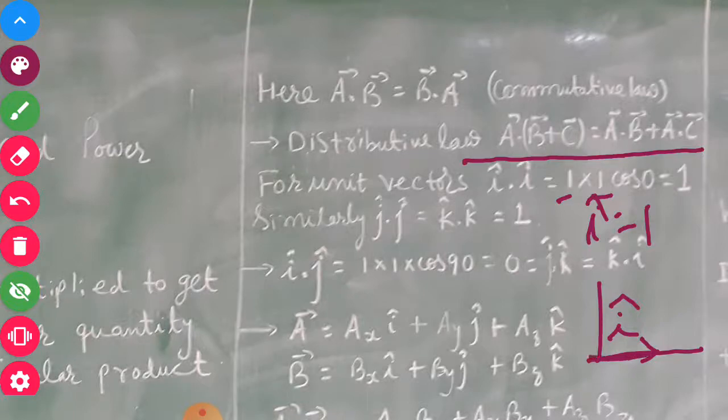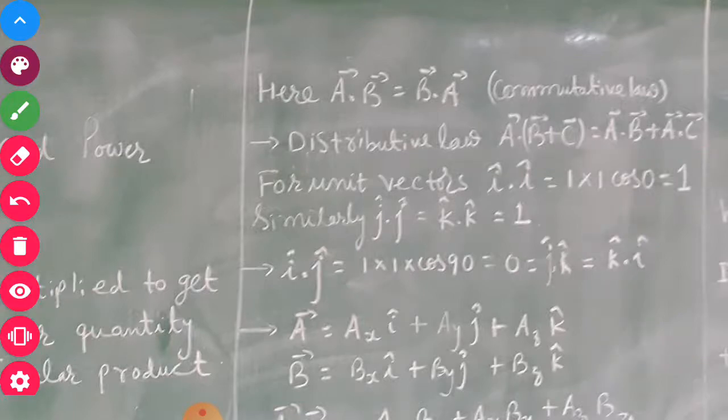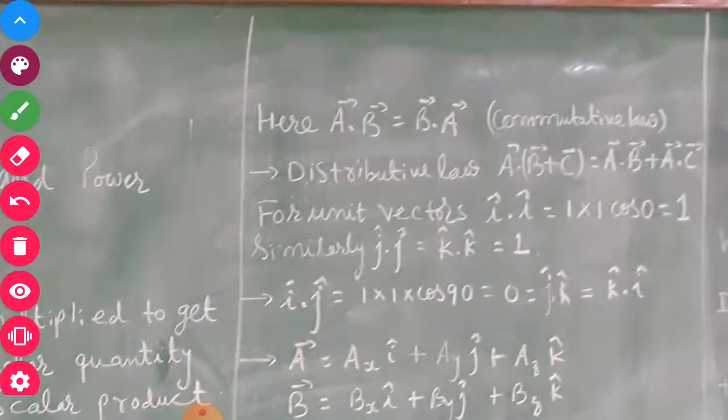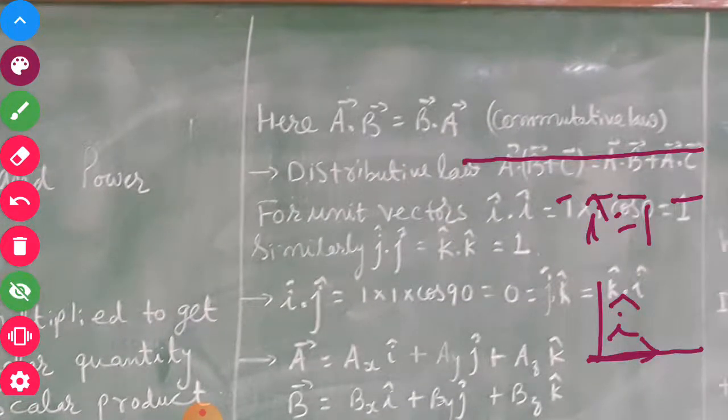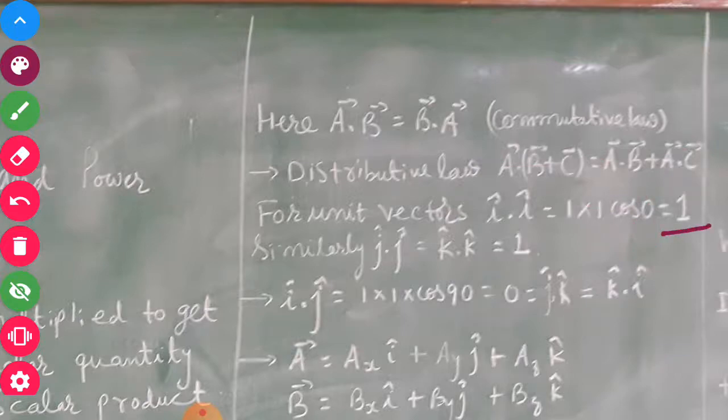The angle of a vector with itself is always 0. So I dot I will give you 1 into 1 into cos 0, and that will give you 1. Similarly, J dot J and K dot K will also give you 1.